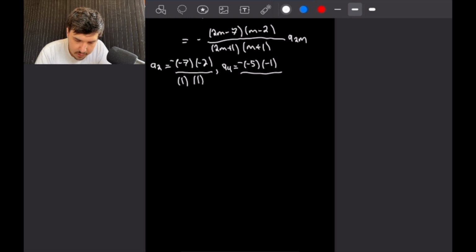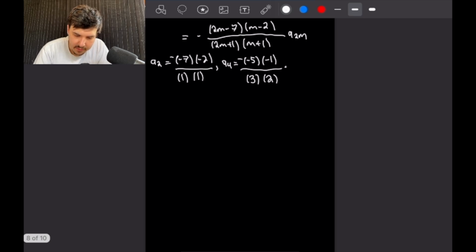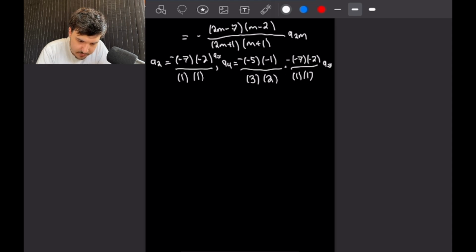And then in our denominator, we will have a 1 plus 2 times 1, which is 3. So we'll be left with a 3 times our m plus 1, which will be a 2. So we'll be left with 3 times 2, and that will be times our a sub 2, which is another negative out front, negative 7 times negative 2, all over 1 times our a sub 0, which I forgot to include here, so let me just try to squeeze it in right there.